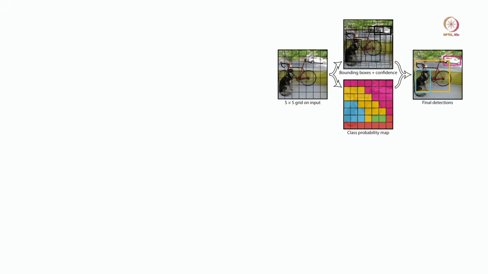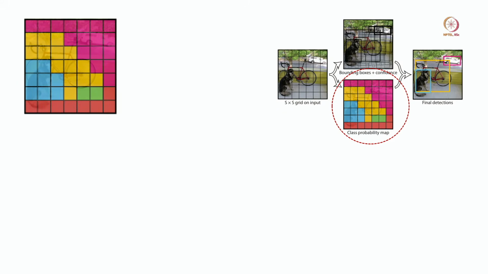Now again, I have kept this image here for reference. Now we will look into the class probability map, how it is calculated. This class probability map, as I was telling, has different classes with different colored grids associated. Each grid predicts conditional class probability. What is the conditional class probability?